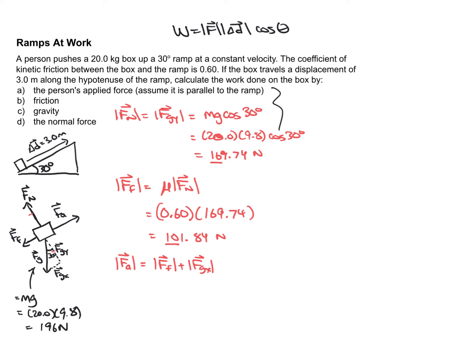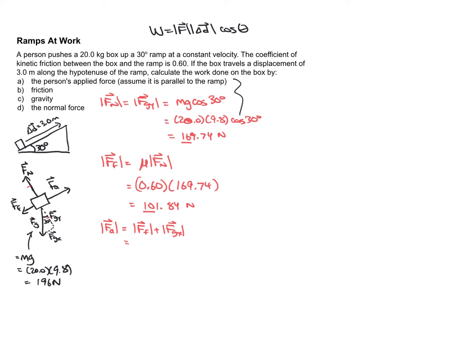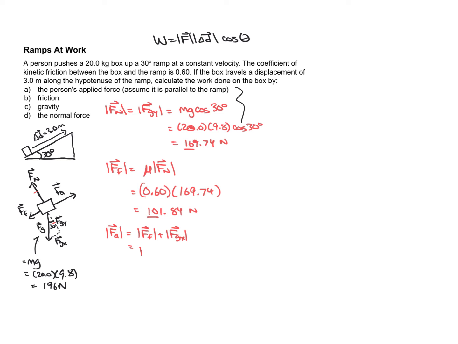Okay, so that's going to be, give myself some more room here. Friction, which I just got, plus the x component of gravity, which would be mg sine of theta. So now the values will be the 101.84 for friction, plus I have to do this mg sine theta thing. Well, sine of 30 is a half.